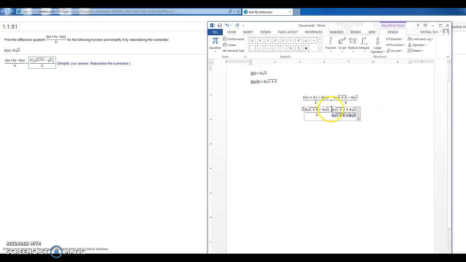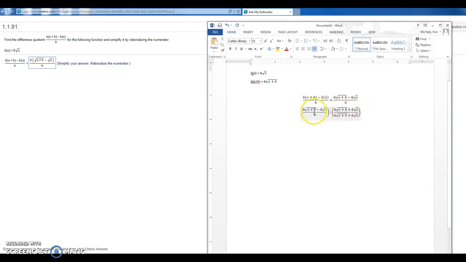So I'm multiplying this whole fraction right here. Let me put that in a grouping symbol so that we see it's one thing, and then by this whole fraction right here. And so to simplify the top, I'm going to actually use FOIL, and to simplify the bottom, I'm just going to leave it like it is.